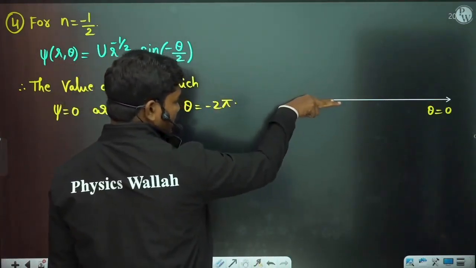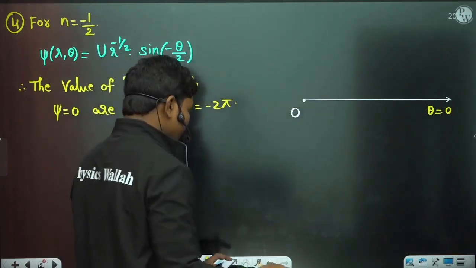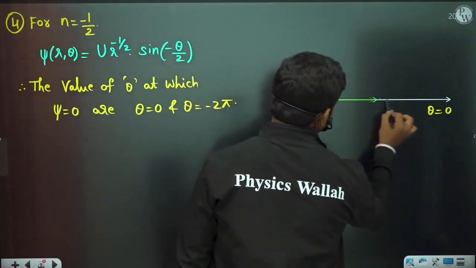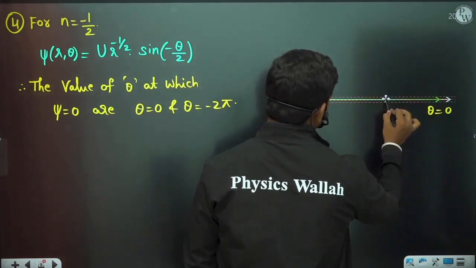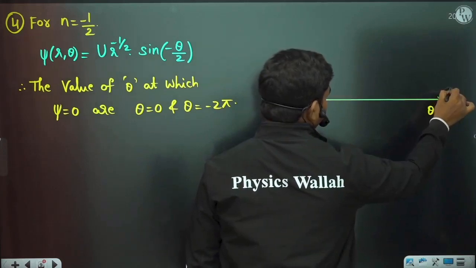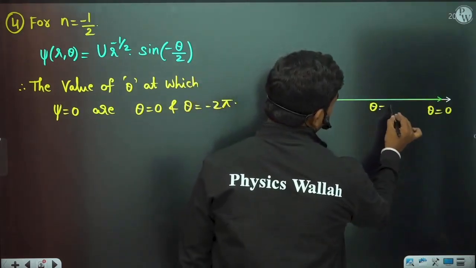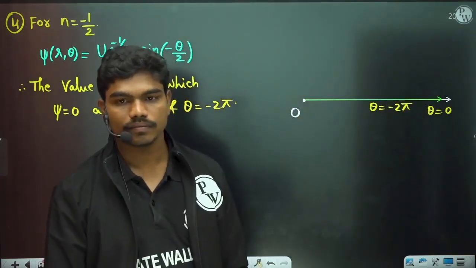If you measure from theta equal to 0 and come back to 2 pi, then can I say theta equal to minus 2 pi is also the same line? Yes or no? Theta equal to minus 2 pi is also the same line. Can I say this? Yes or no?